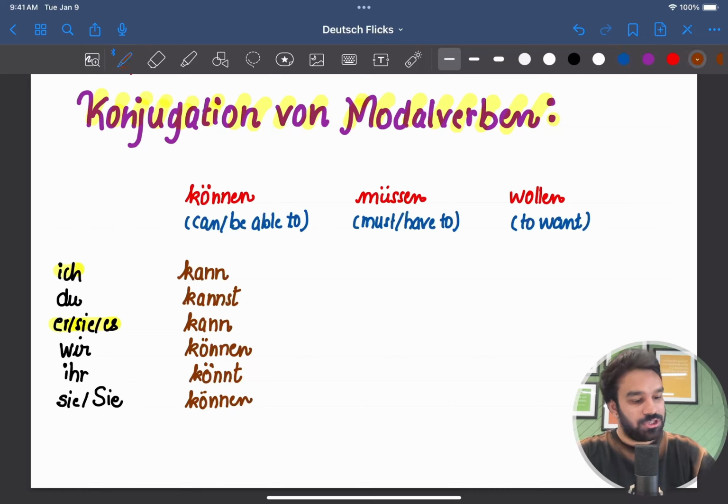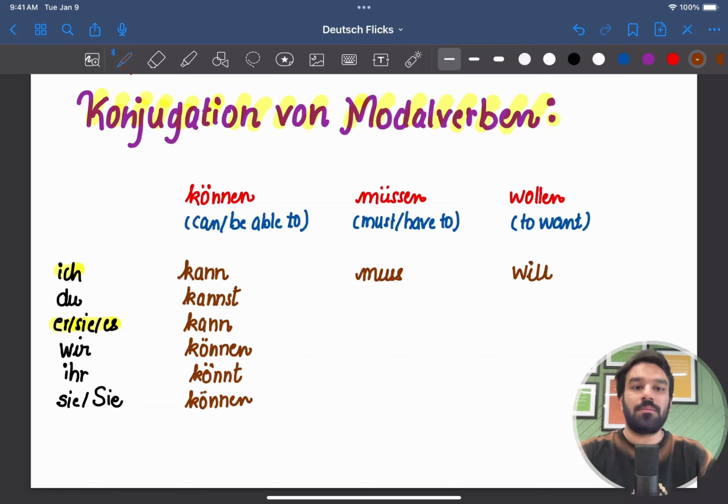So with ich we say muss. Pay attention to the pronunciation, muss and not muss. Now for wollen, interestingly it conjugates to will. So German will and English will, they are false friends.